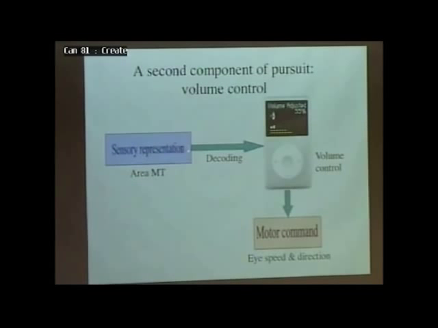So here we have the sensory representation, which is decoded. It's then run through a volume control. And so a given sensory stimulus under some conditions will cause a big motor response, and under other conditions, it will cause little or no motor response.